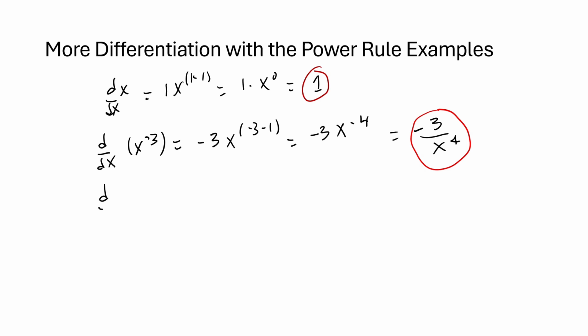Now let's look at dx of, in this case, the 5th root of x. Now from algebra we know that that's just the derivative of the function x to the 1/5, because that's what the 5th root of x means.